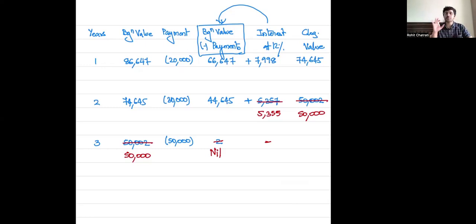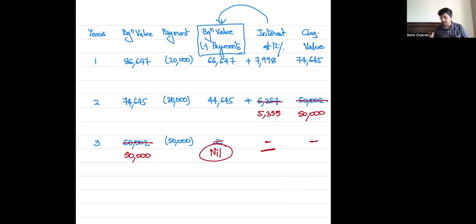Therefore, there is no principal outstanding during year 3, and interest for year 3 is going to be 0, and the closing balance at the end of year 3 is also going to be 0. The lease liability becomes 0 at the beginning of year 3.